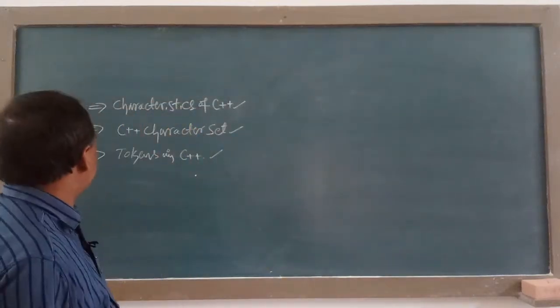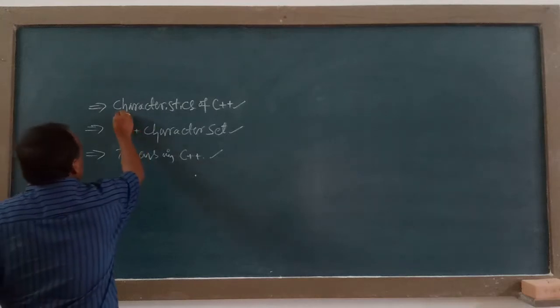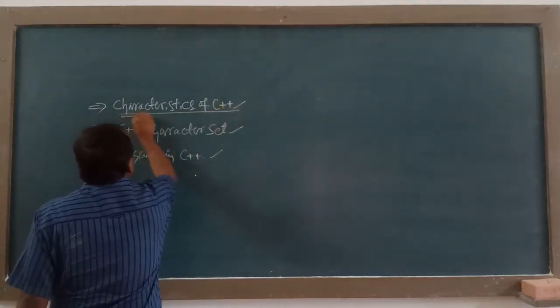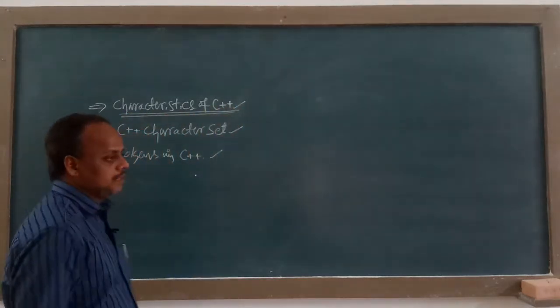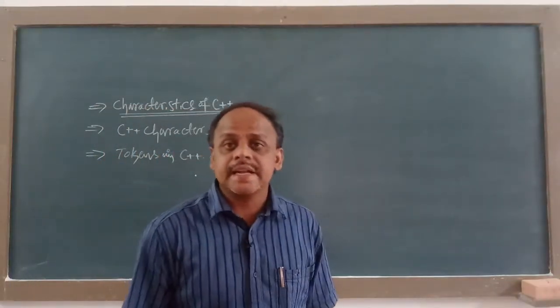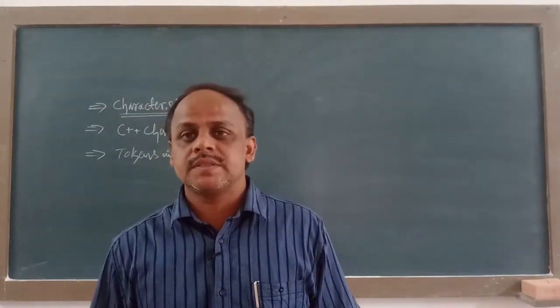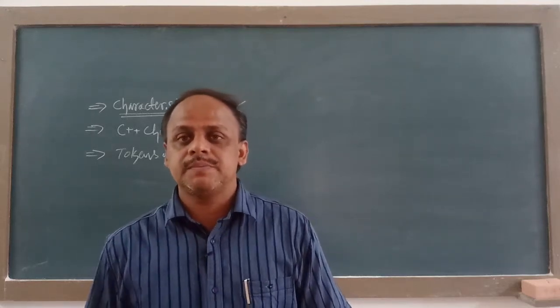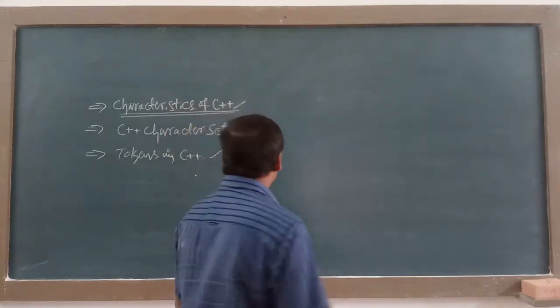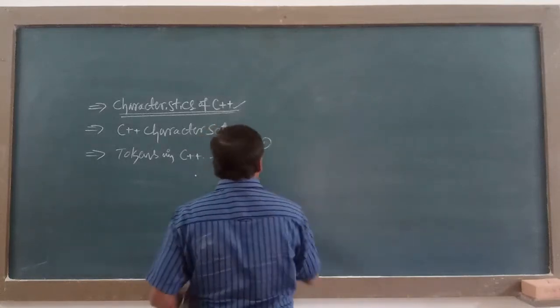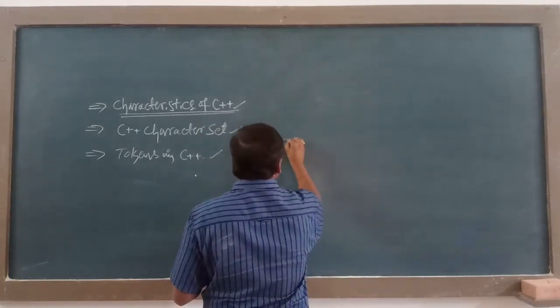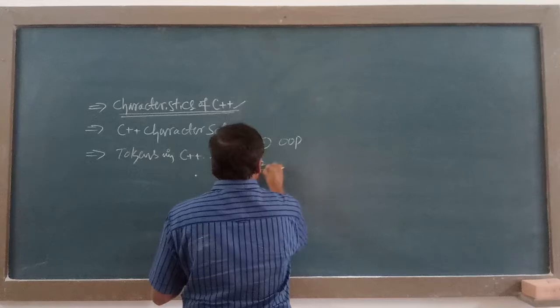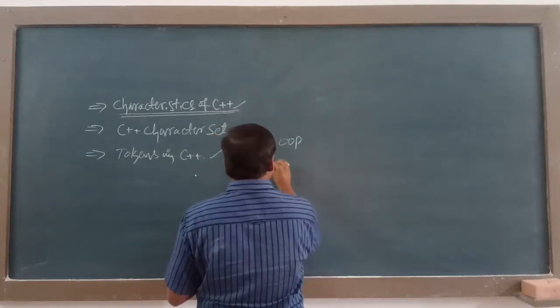Let us see the first one, characteristics of C++. What are the characteristics of C++? Following are the different characteristics of C++. Let us see the first one, OOP. Second one, portability.